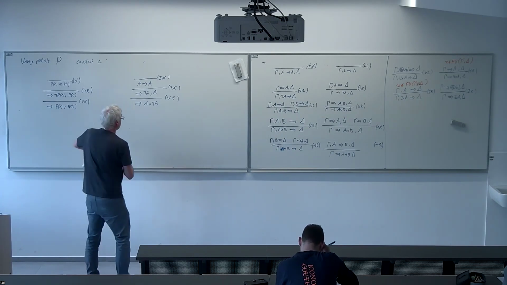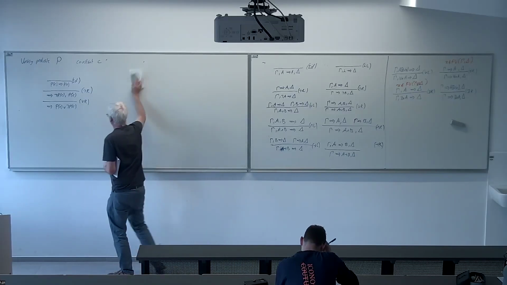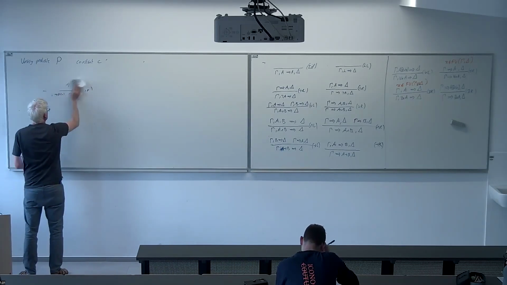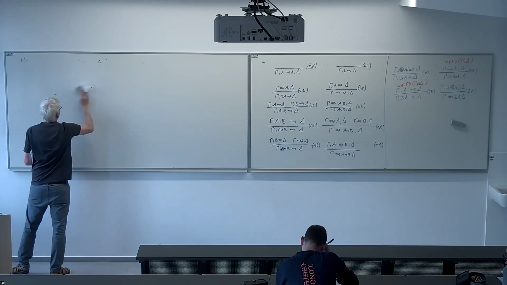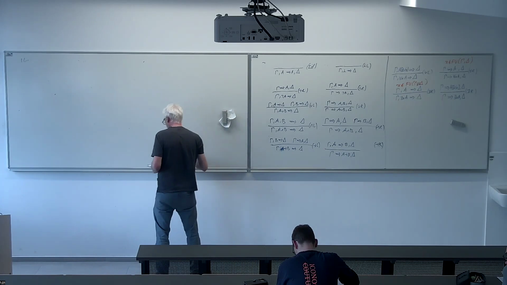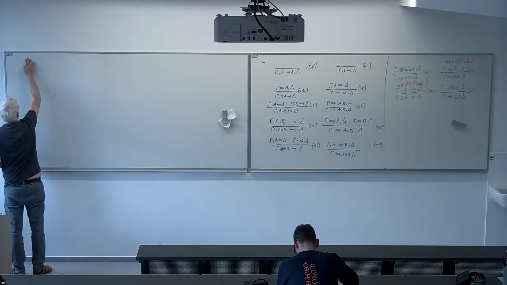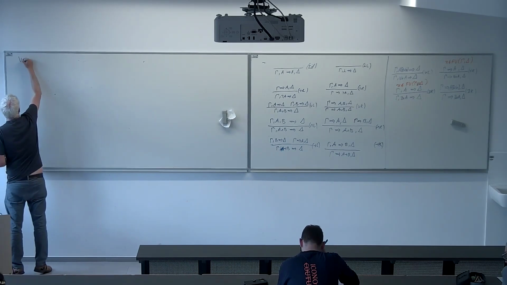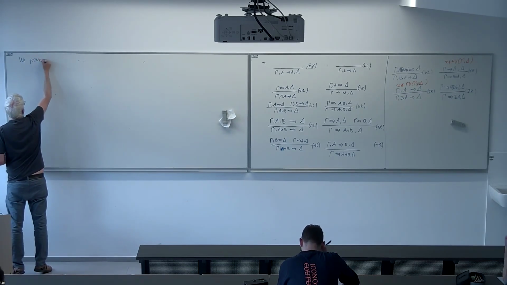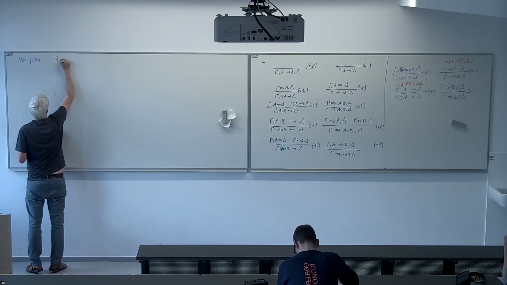And I'm going to prove the following. What we're going to do is prove the validity of: exists X, Px implies for all Y, Py.